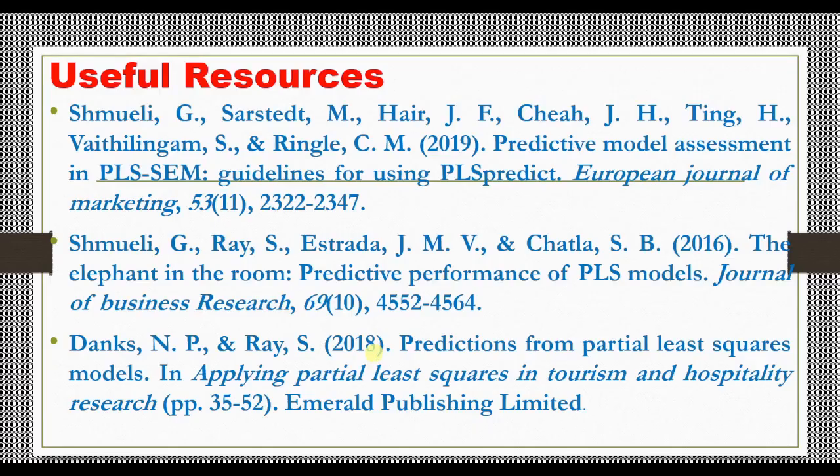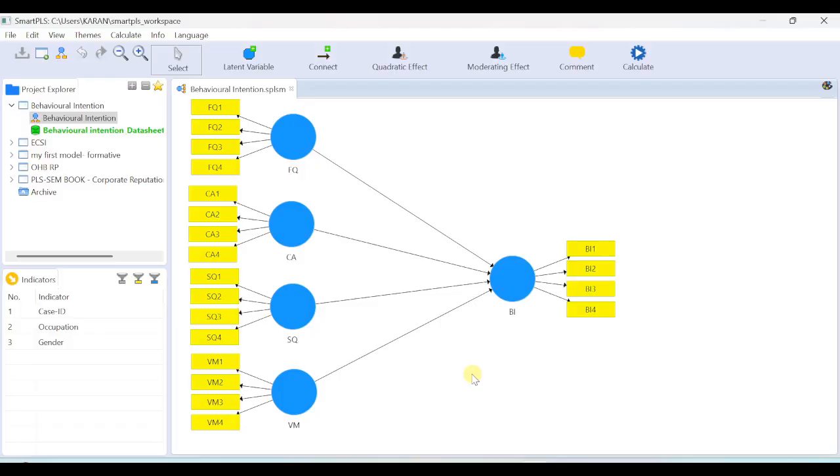Now let us go to Smart PLS and see how practically we execute PLSpredict. So here we are in our PLS model, which we built up in the previous examples also. If you want to know what is Q square, how do we assess Q square, that is the predictive relevance of the endogenous, the dependent variable, then you might like to go back to the playlist and watch that video. Here we are particularly talking about PLSpredict.